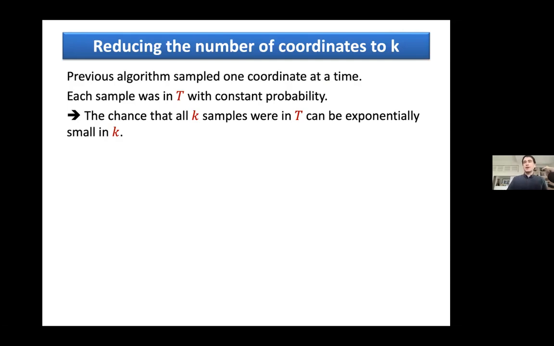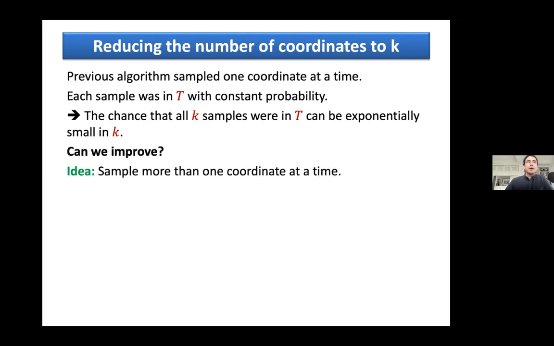Because every sample is inside T only with constant probability. So it seems that we could get an algorithm that finds T exactly, but it will be exponential in k, and this was already known. So that's not new. So instead, we're thinking, what if we could sample more than one coordinate at a time?